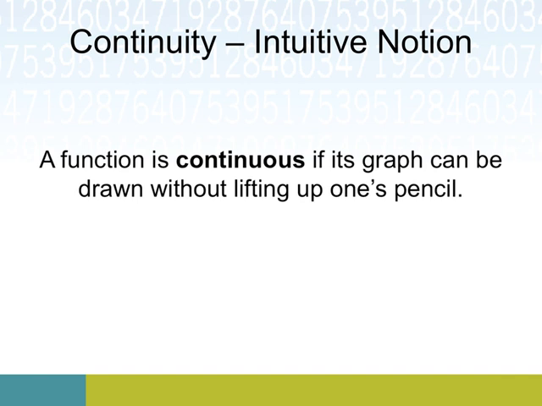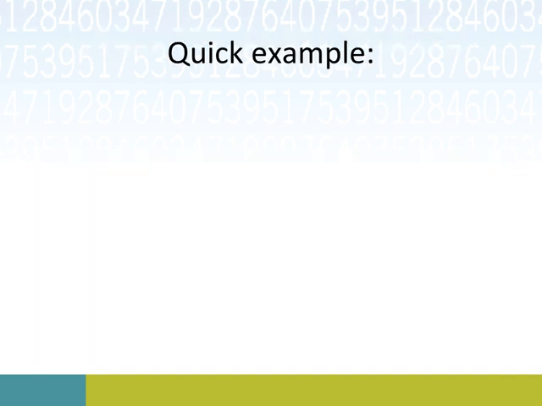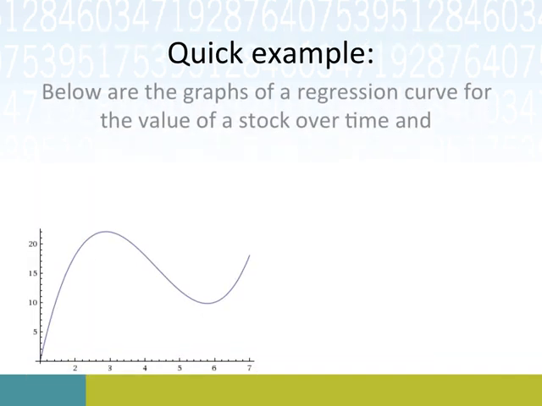So of course, there's some issues with this from a mathematical standpoint, but that gives us at least a little perspective. So one function we could imagine in nature, perhaps, is a regression function. If we pretend we've taken some stock values over time and drawn a smooth curve to connect them as a curve of best fit, then this function is continuous because we could follow this graph along, and at any given moment, there is some stock value.